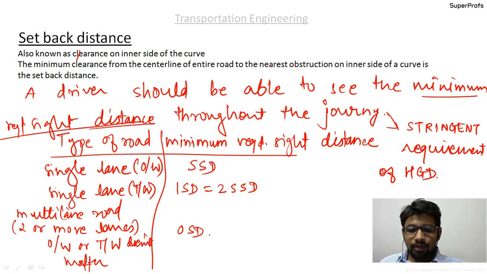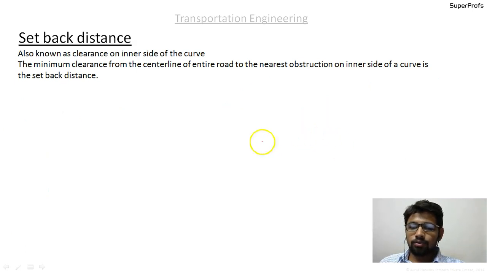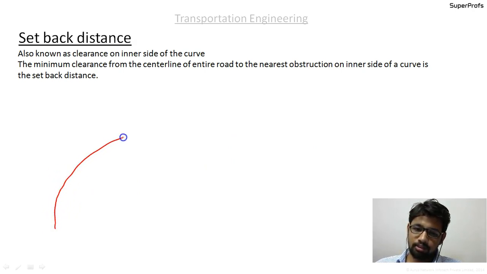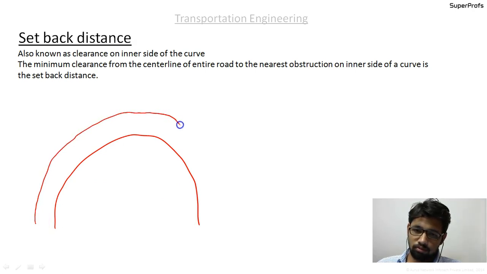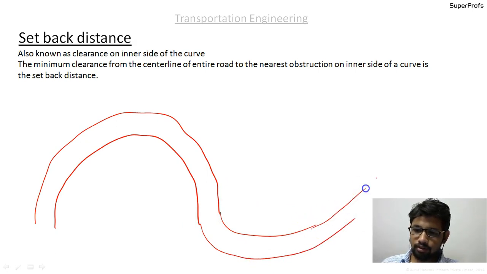Okay, so this is the requirement. But guys, whenever there is a curve on the road, then what happens? I'll show it over here. Suppose that there is a curve like this on the road. Maybe it has been followed like this. Somewhere the road is moving ahead, this way.